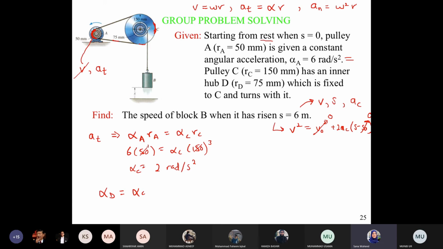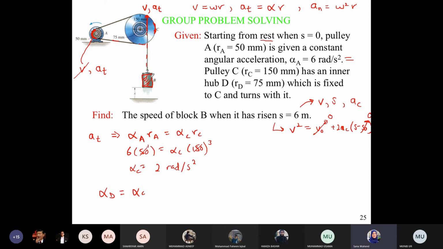Whatever its tangential components are here, they are going to be the same throughout, and that will be the velocity and acceleration of load B. So whatever the velocity and tangential acceleration of the cable are at this point, the same will be the velocity and tangential acceleration of B.